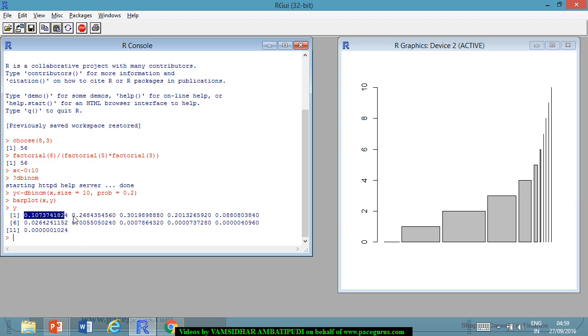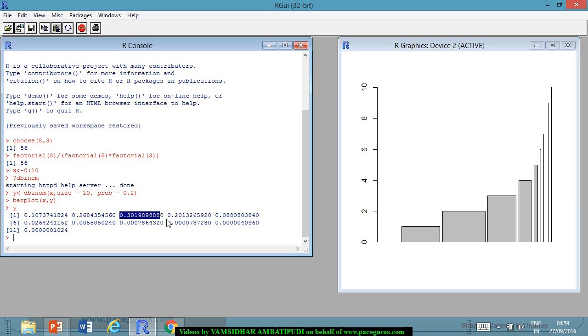Probability of getting 1 success is this much. 2 successes is this much. 3 successes is this much. 4 is this. So I could see that the probability of getting 1 success and 2 successes are much higher, and the probability of getting more than those kind of successes is much lesser.